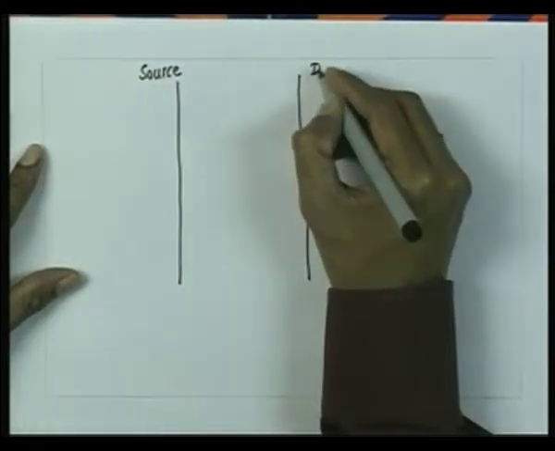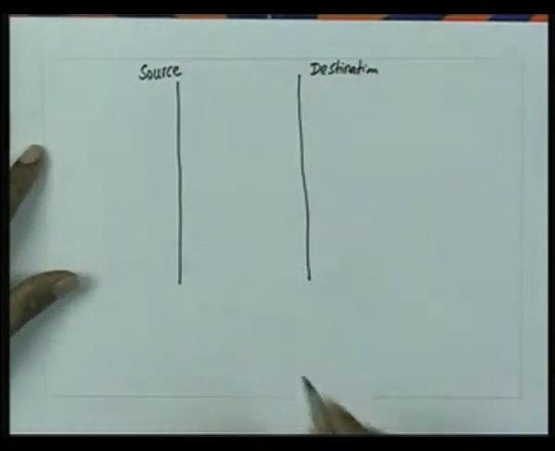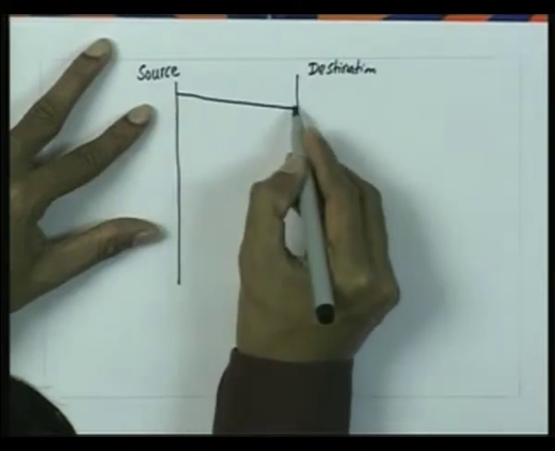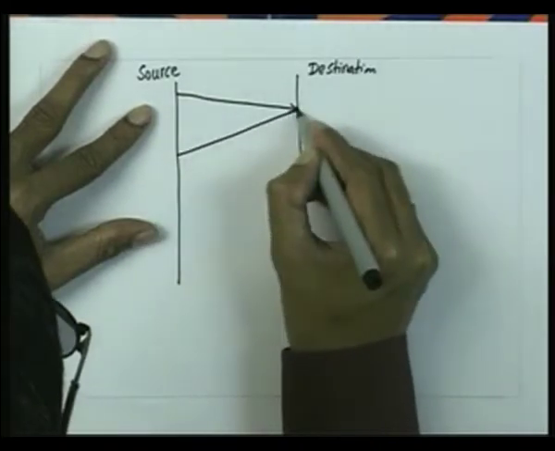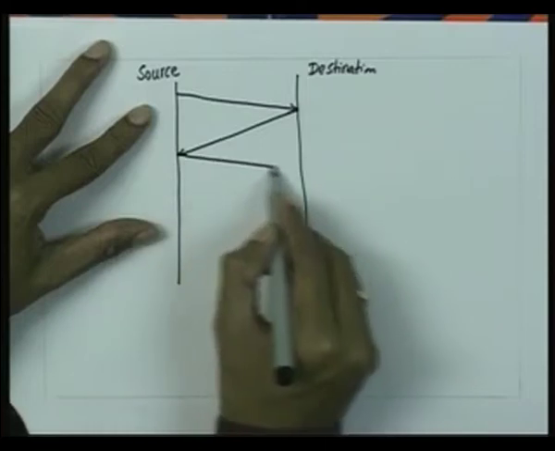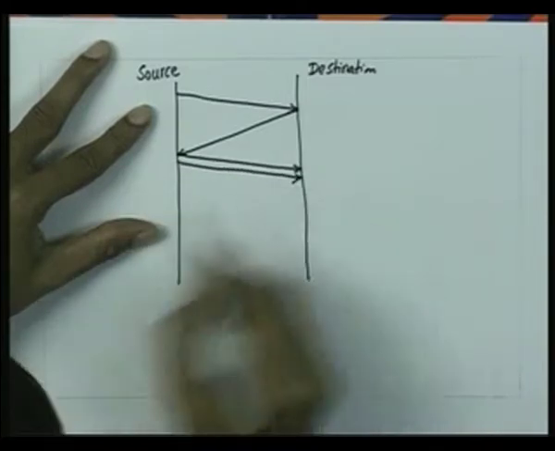So the mechanism works something like this: here is a source, and here is a destination. First the window size is 1, W is equal to 1, so you send 1 packet. When you receive the acknowledgement of this packet, the window size becomes 2, and therefore you will send 2 packets.